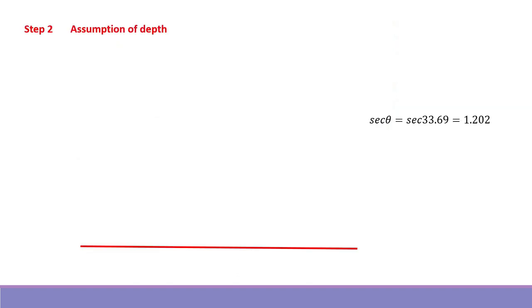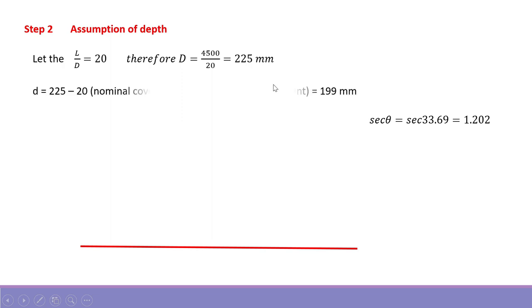Now we will first assume the depth. Let L by d be 20 because it is a simply supported beam. Just to assume, we are getting it as 225 millimeter.